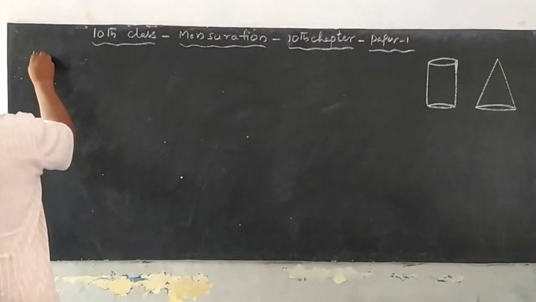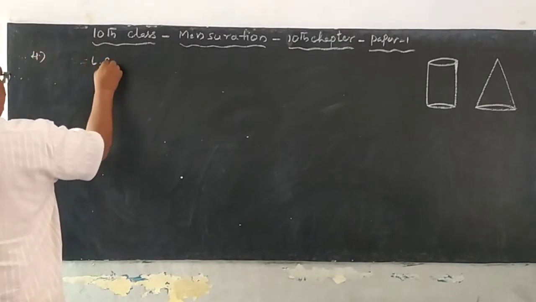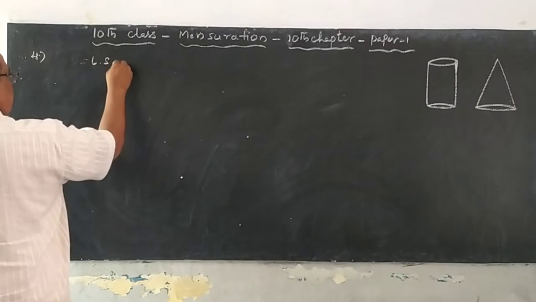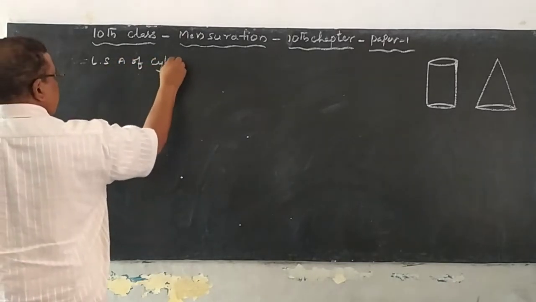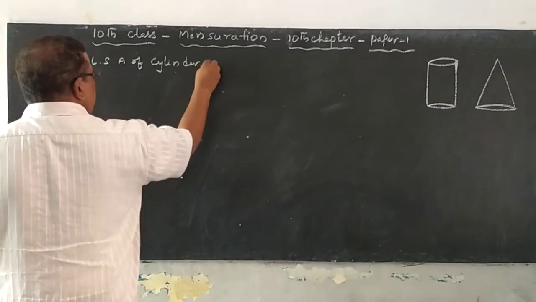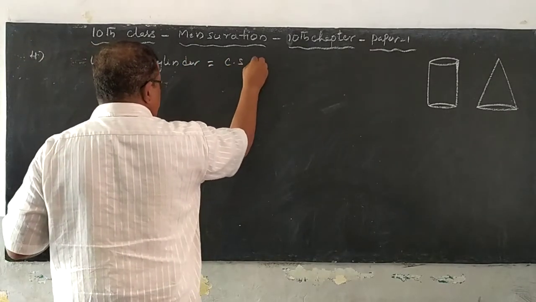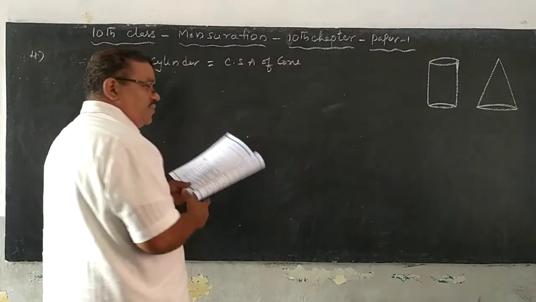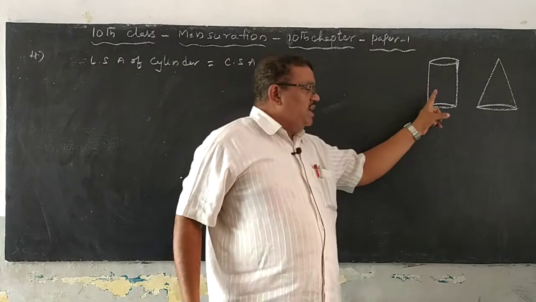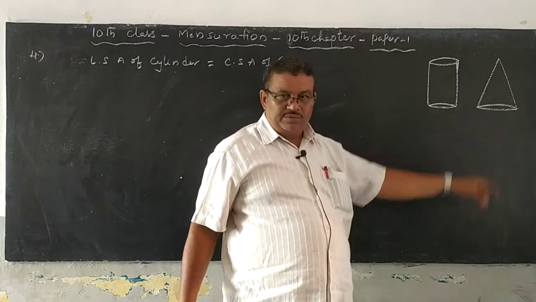According to the problem, that is the fourth problem in exercise 10.1, LSA of cylinder equals CSA of the cone. Lateral surface area is nothing but the CSA of the cylinder. CSA of the cylinder equals CSA of the cone.